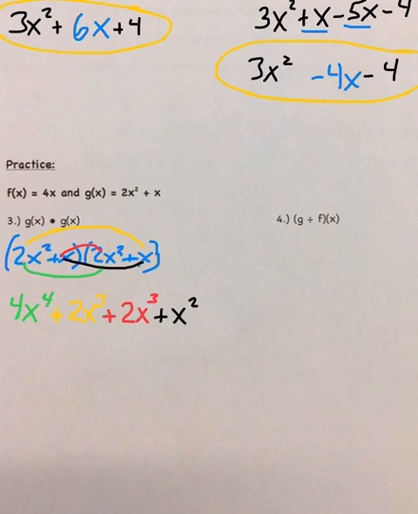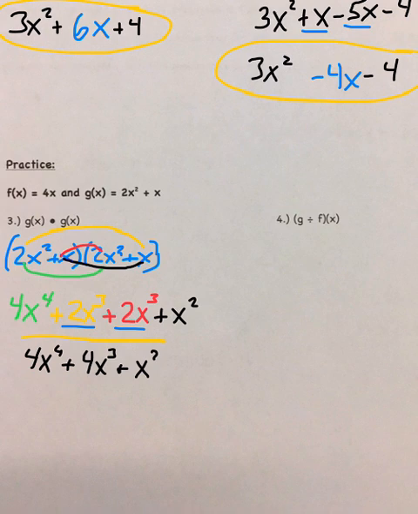So the ones that are the same, the x cubed and the x cubed, combine. So then I'm going to rewrite my answer as 4x to the fourth plus 4x to the third plus x squared. So that's g of x times g of x.